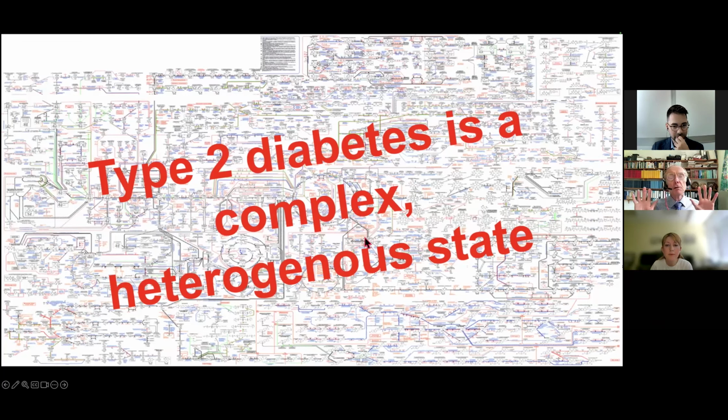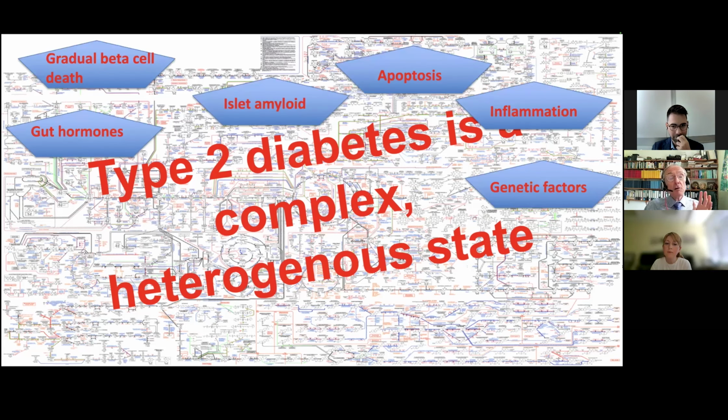And if we look at all the details, it seems very complicated. But of course, what we're interested in is those aspects that have the biggest effect size, the important pathways. So let's try and dissect out some of the perhaps questionable ideas, and they're all around us.